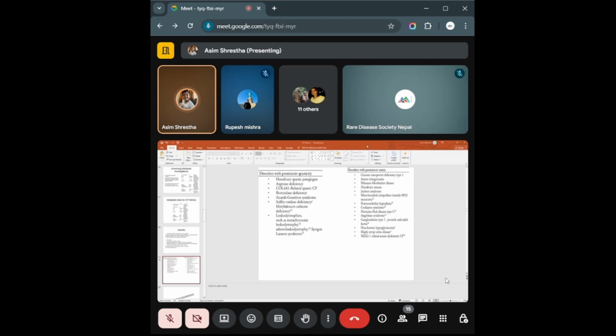These are some of the differentials, like the glucose transporter deficiencies again, ataxia telangiectasia, then the hypomyelinating disorder like PMD or Pelizaeus-Merzbacher disease that I just showed you the MRI of previously, then Joubert syndrome, mitochondrial cytopathy, pontocerebellar hypoplasia. So there's a host of differentials of cerebral palsy if the child presents with ataxia.